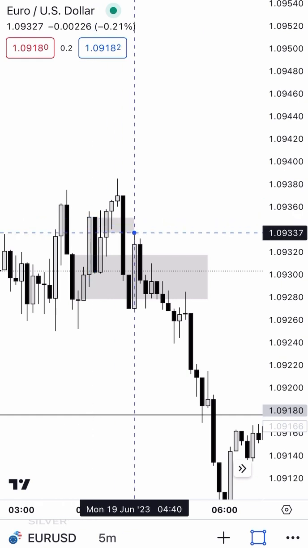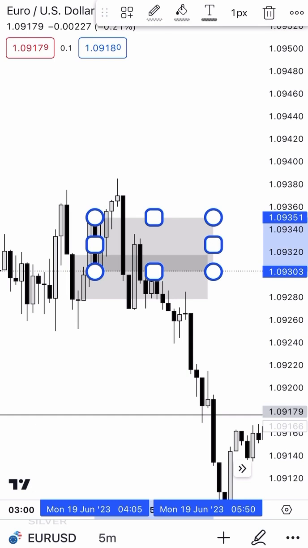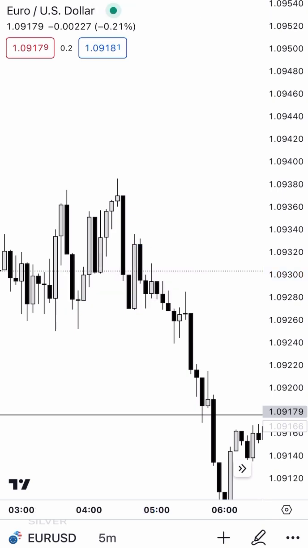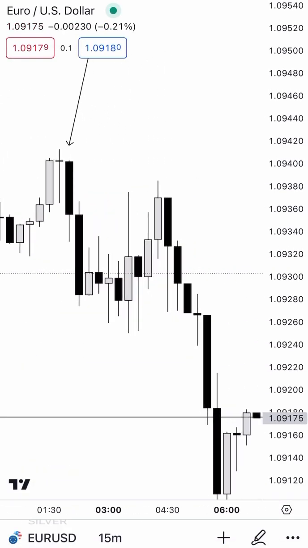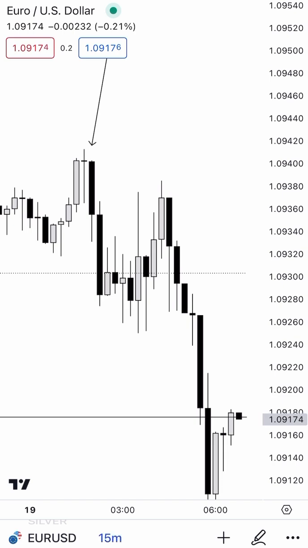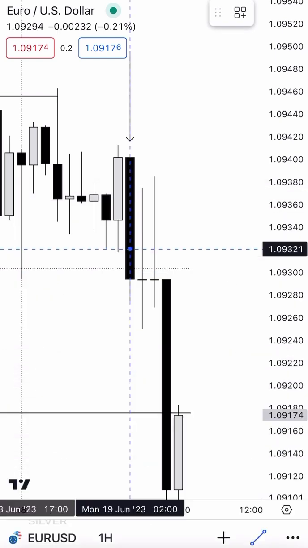So in such a case, what do you do? What do you do when you're confused about the PD arrays? When you think maybe it's this, but maybe not. What do you think? You then look for confluence, right? So you move up. Anything clear? No? You move higher. Anything clear now?